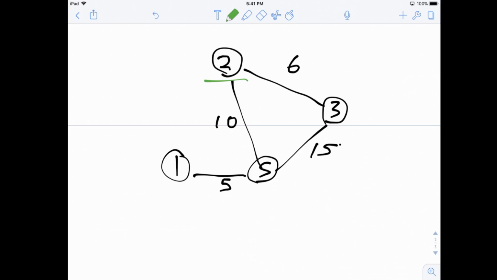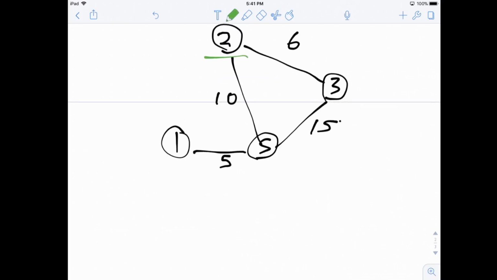And then we build a BFS tree of this whole thing. So 2 goes to 3 and 5 at depth 1, and then 1 at depth 2. And then we draw in all the extra edges. So there's an edge between 3 and 5, which is like a back edge type.